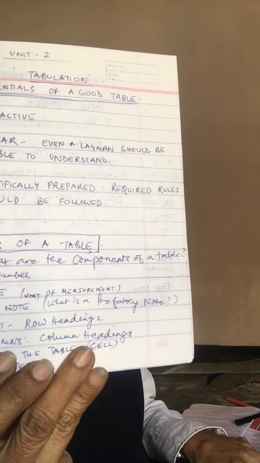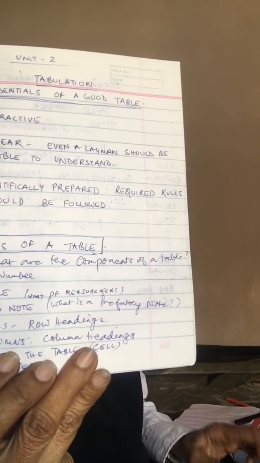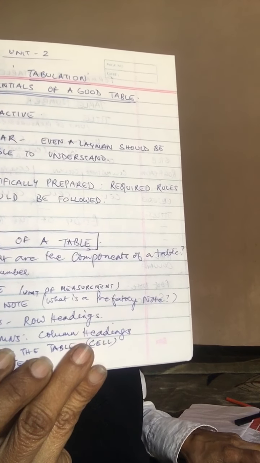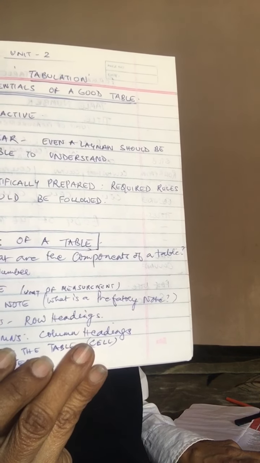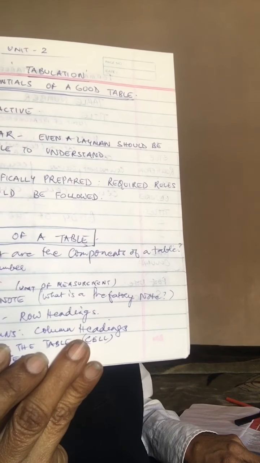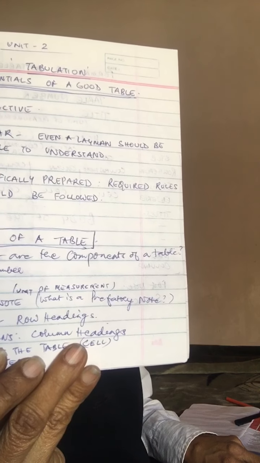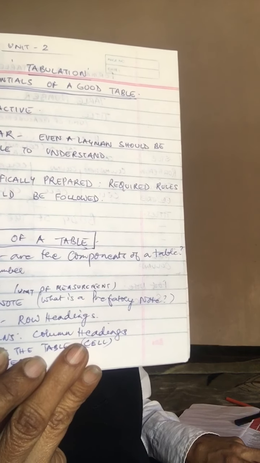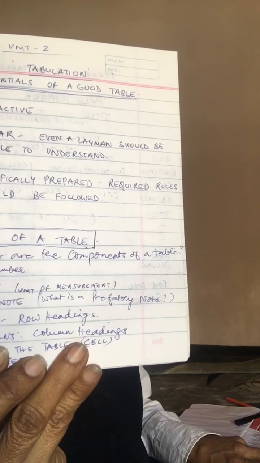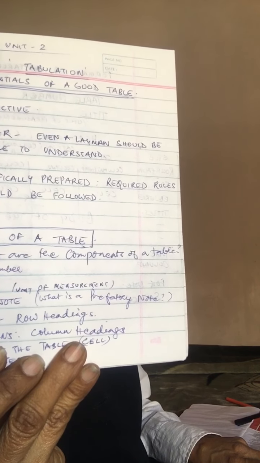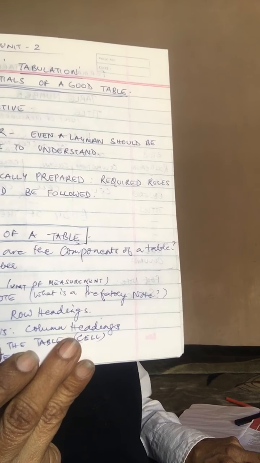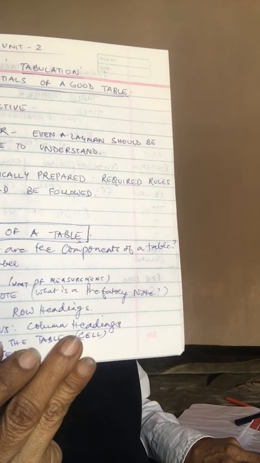Then you have what are known as captions and stubs. Stubs are the row headings, and rows are horizontal. Captions are column headings, and they are the vertical columns. Both should be brief, descriptive, and clearly defined.